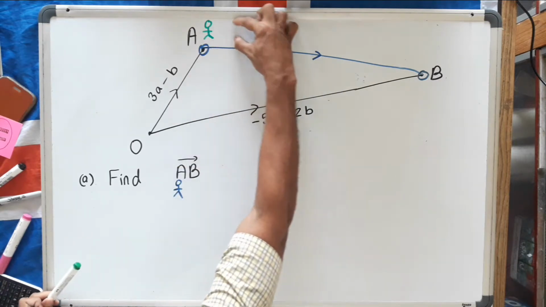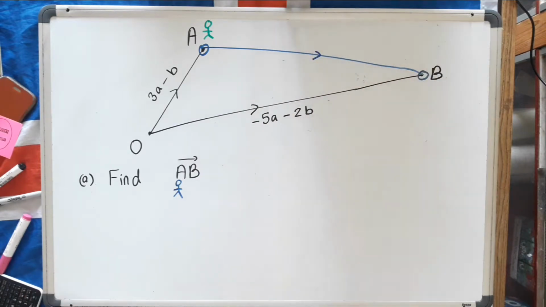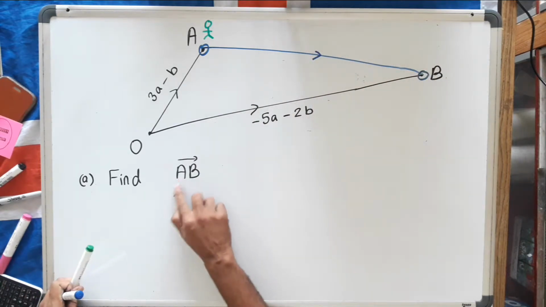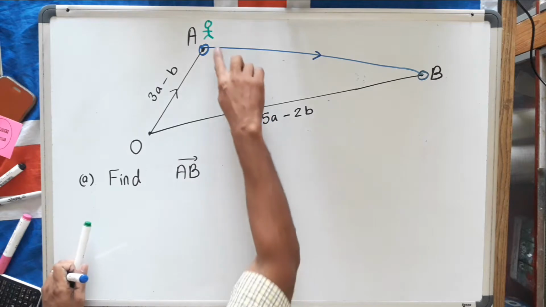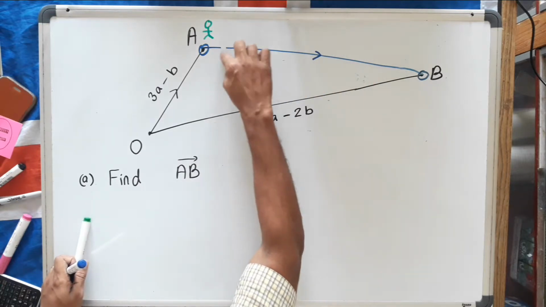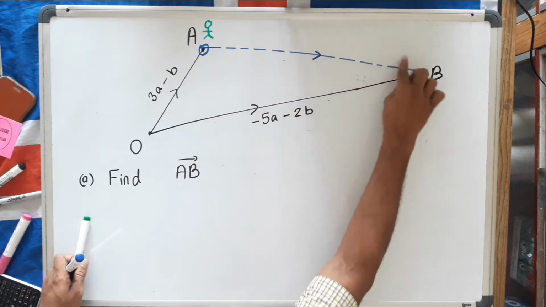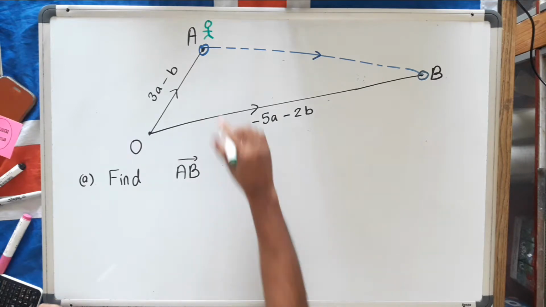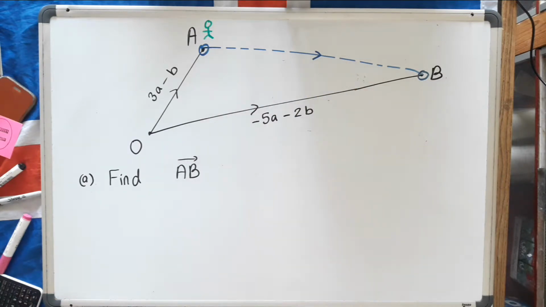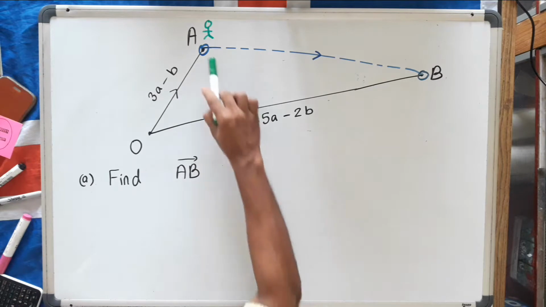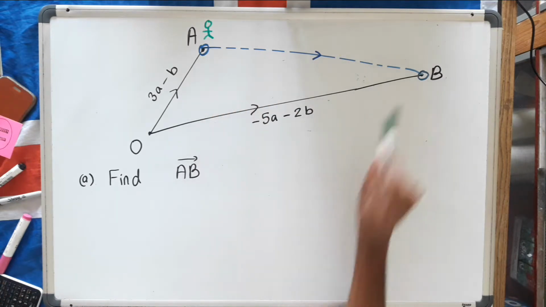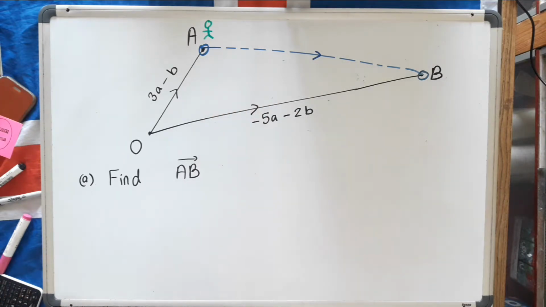You can just get up here and walk to B. But here's what you're going to do. You're going to pretend that this road AB is under construction, so nobody's allowed to walk on that road. In other words, you're not allowed to walk that way. You're going to have to find a different way.